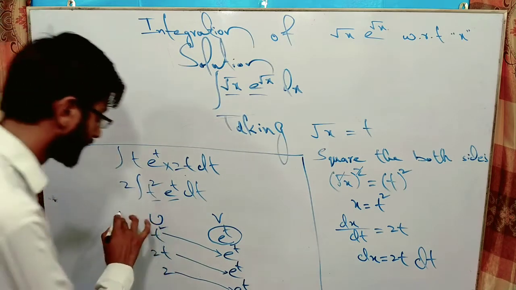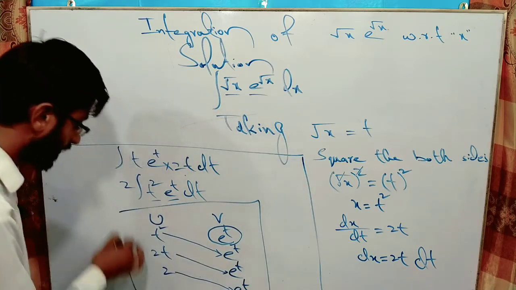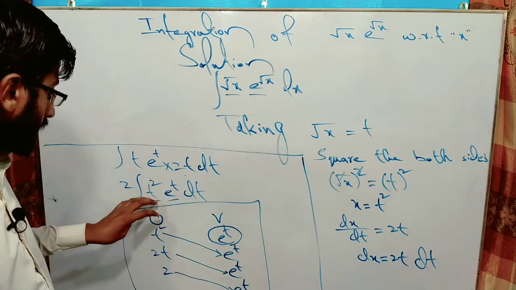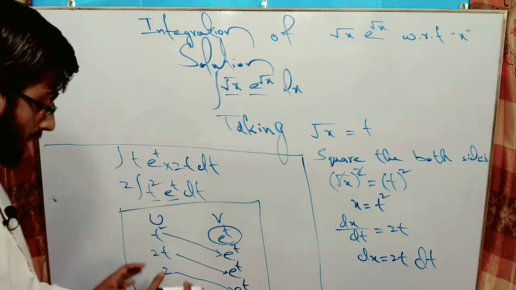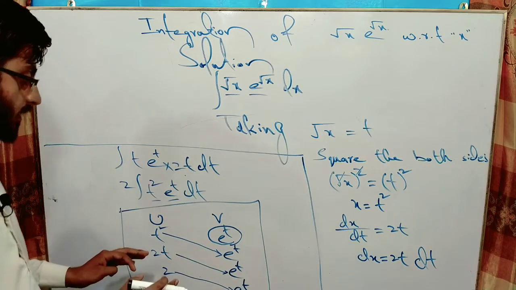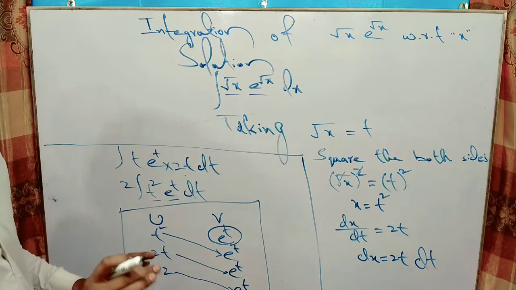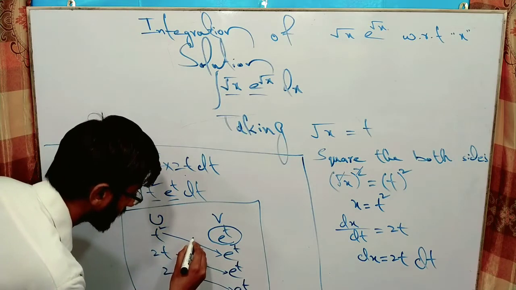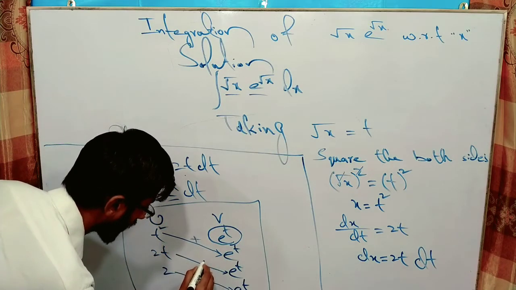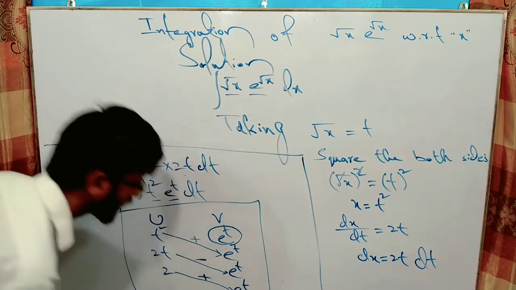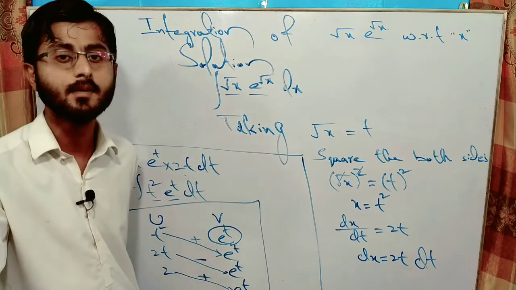That rule is necessary for a shortcut, an amazing way to integrate in a short way. Here we put the signs: initially plus, the second one is minus, and the next one is plus, and so on we keep on.